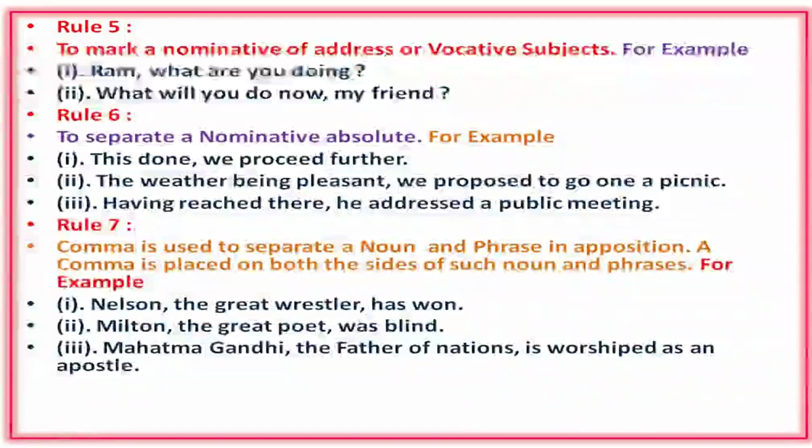For example, Nelson, the great wrestler, has won. Milton, the great poet, was blind. Mahatma Gandhi, the father of the nation, is worshipped as an apostle.